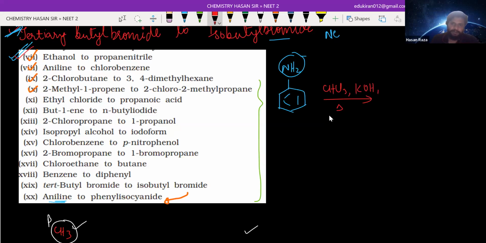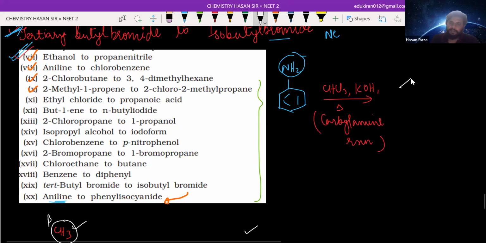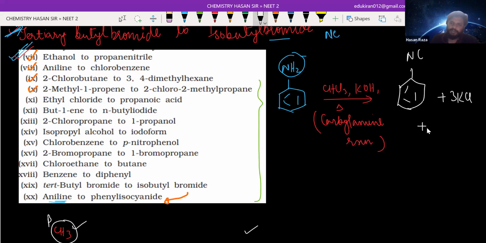This is called the carbylamine reaction, which you will study in the amine chapter, carbon and nitrogen containing compounds. The NH2 will be replaced with NC along with 3KCl and 3H2O. So this is the direct conversion. You are not able to solve it only because you haven't studied this carbylamine test. Got it? That you will study in amines.